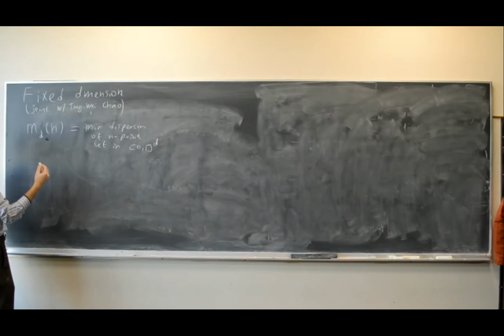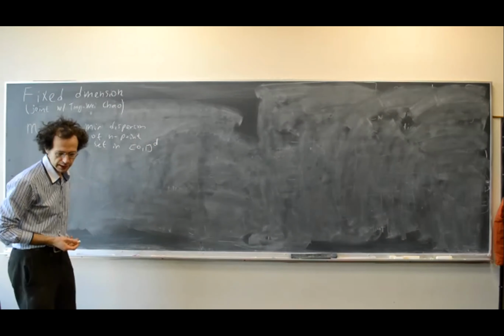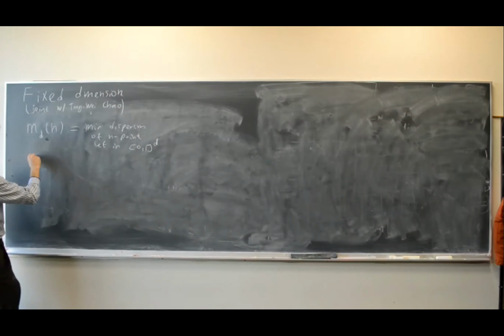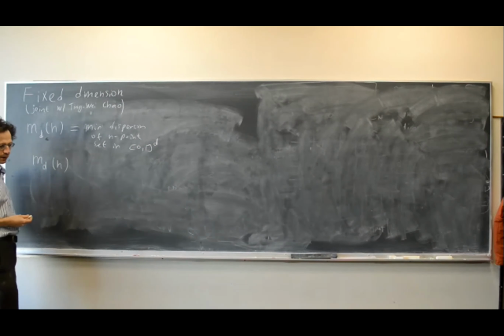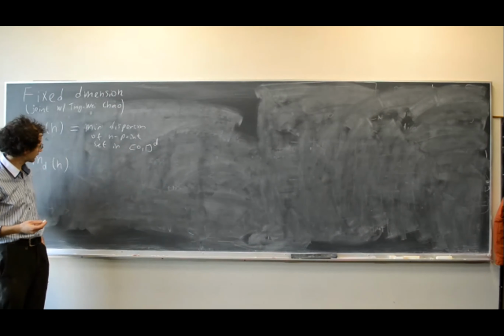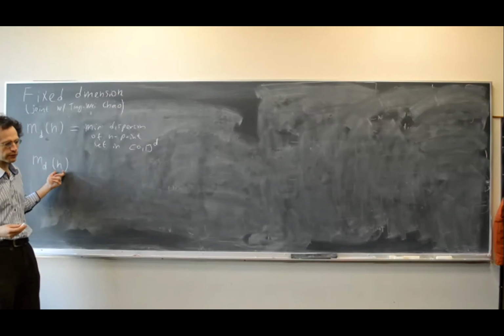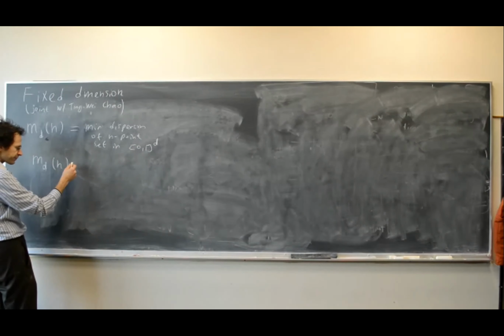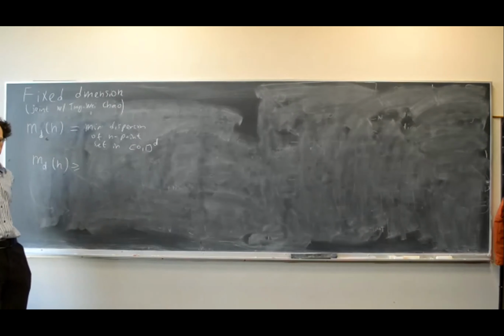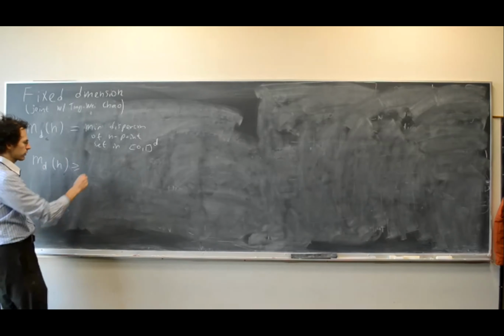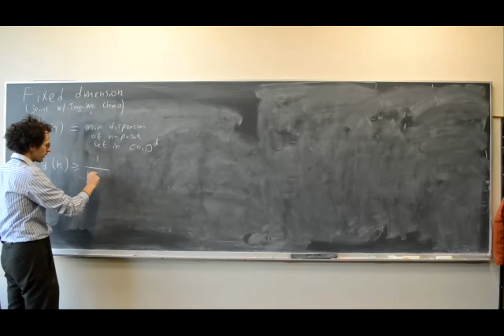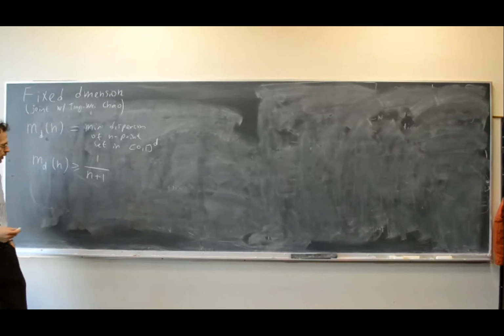As was mentioned again in several talks, including the last one by Sasha, this quantity behaves like some constant over n. Okay, let me first of all tell you a trivial lower bound. The trivial lower bound is 1 over n plus 1.